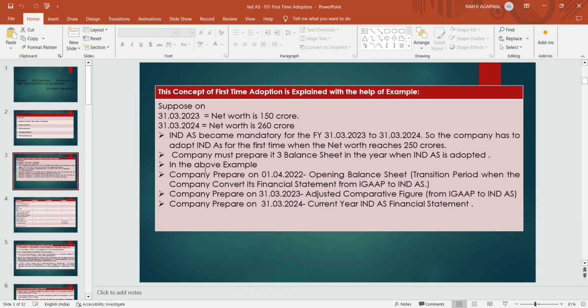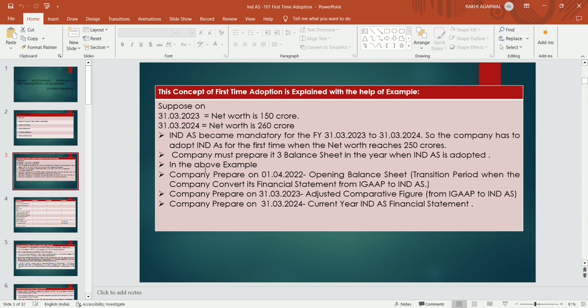So Ind AS is applicable on the entities whose net worth crosses 250 crores and who are listed companies who are NBFC companies. Ind AS is not applicable on banking companies, insurance companies, one person companies, small companies, and also not on individuals even if their net worth exceeds 500 crores. So Ind AS has become mandatory for the entity whose net worth crosses 250 crores.